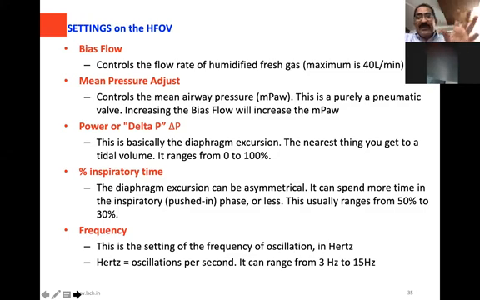So let us say you're using a delta P of 50 on a VN 500, or for that matter, your SLE 5000 or 6000, or even Fabian. It is very, very different to a SensorMedics. So I've hardly ever had to use a delta P of 50, or more than 40 or 45. That is the difference. The power of the machine is very, very different.